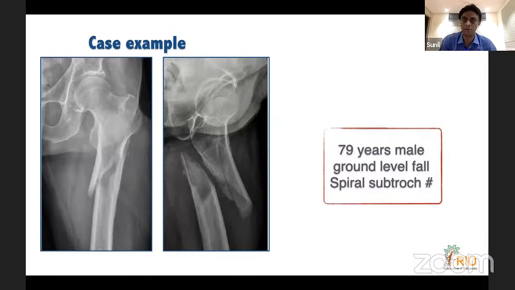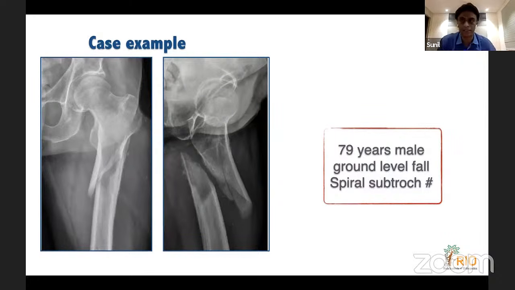So I'll take you through different case examples, focusing on reduction techniques predominantly. Of course, my threshold to open a subtroch fracture is very, very low. But in spite of that, a lot of times, if you can spend some time, most of these fractures are amenable to minimally invasive reduction techniques that you can perform successfully. So I'll take you through various reduction options that are possible, and also tell you some tips and tricks on how to do it.